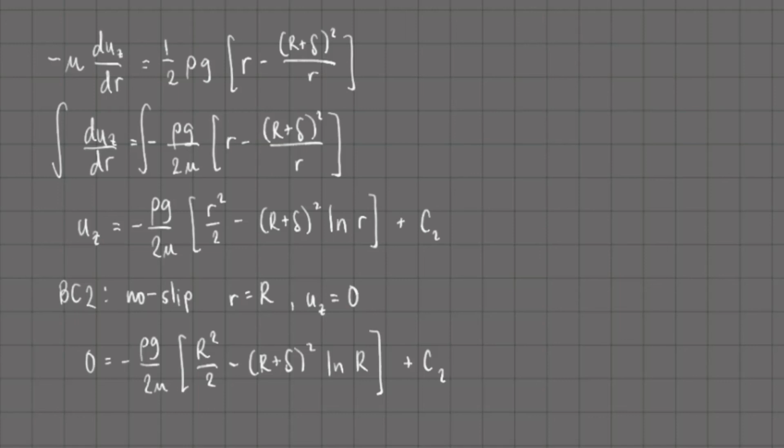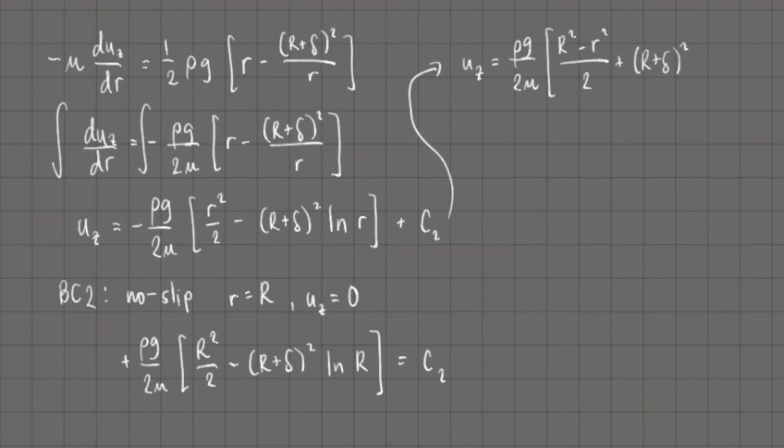Therefore, C2 is equal to positive rho g over 2 mu quantity, etc. Substituting C2 into our velocity profile, we now have u sub z equal to rho g over 2 mu multiplied by the quantity capital R squared minus small r squared all over 2 plus capital R over del squared multiplied by ln of small r over big R. This is now our final velocity profile.